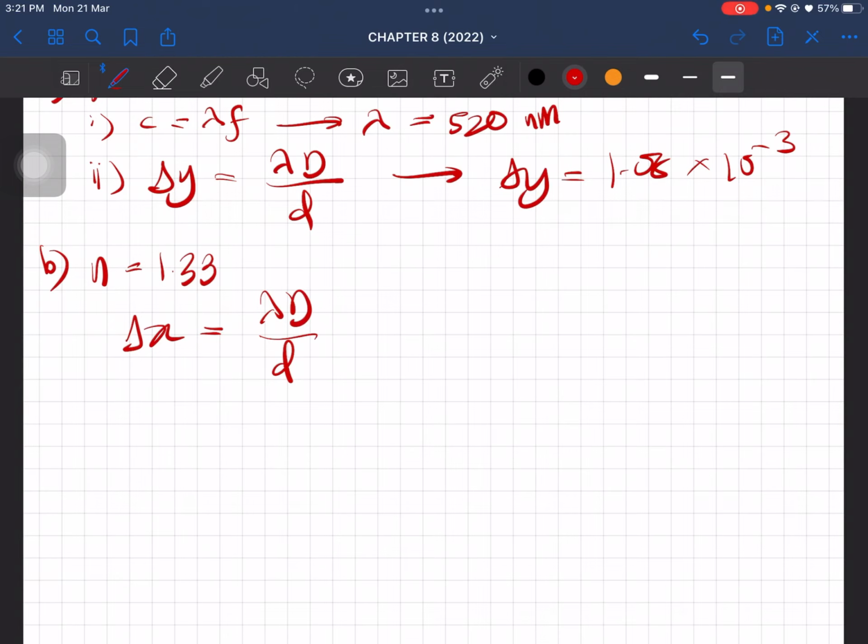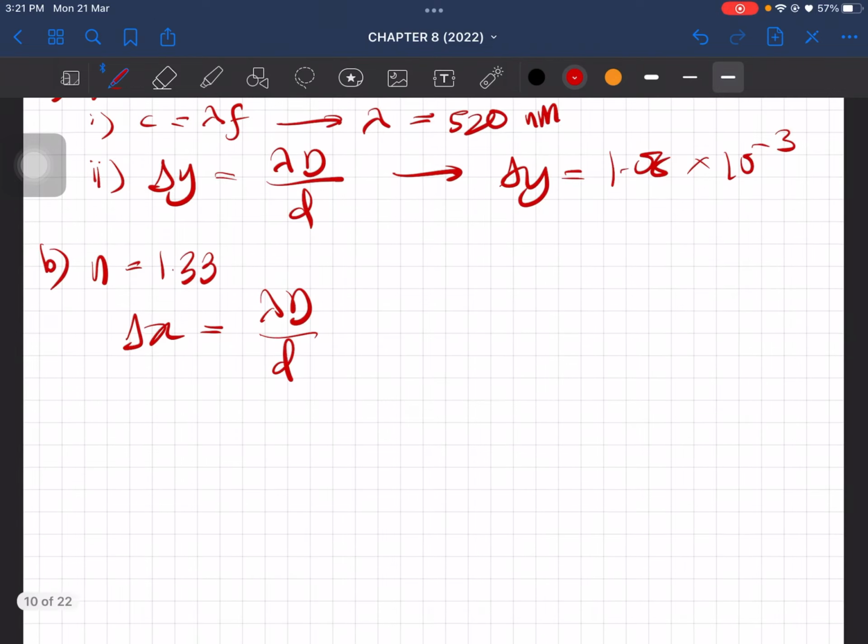We need the wavelength. So how do we calculate the wavelength if it is placed in water? So n is going to be equal to the original wavelength divided by the medium's wavelength, which is the new wavelength of light in water.